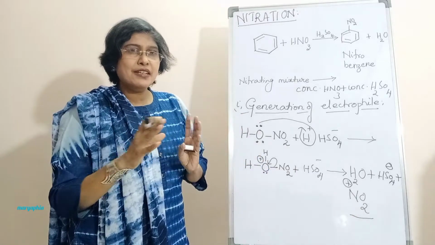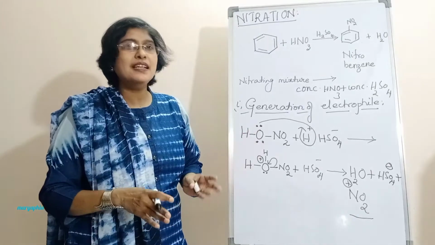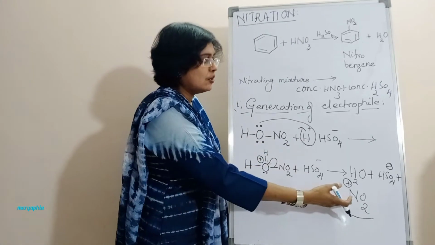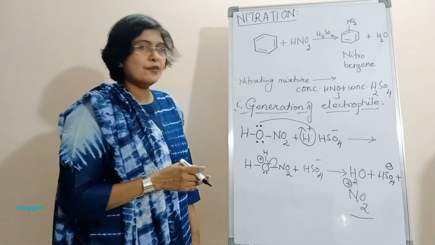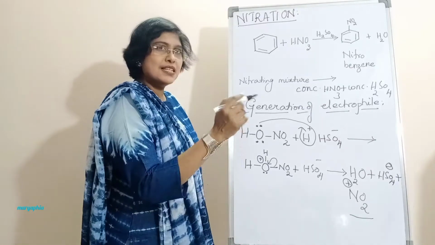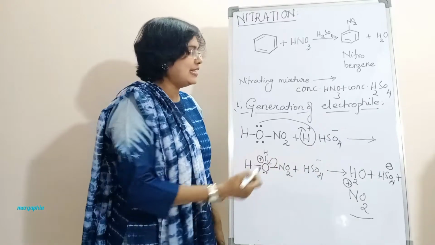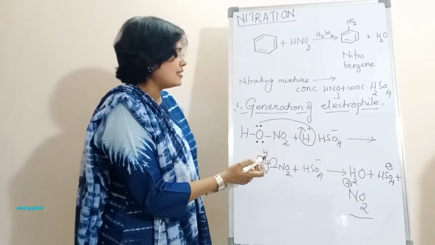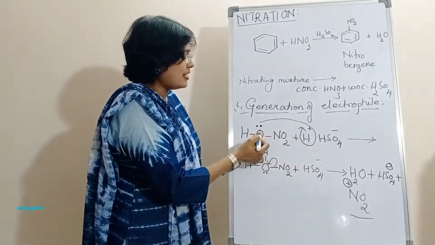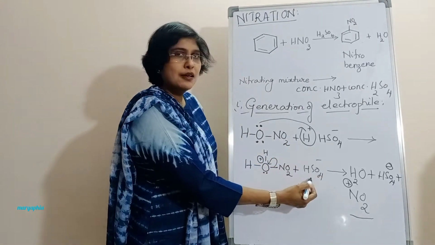Students, whichever class or video or textbook you watch, all these things will not be given. They will just give you HNO3 plus H2SO4 gives rise to NO2 plus, HSO4 minus plus H2O. What exactly happens is this. First I am showing you. This is HNO3 plus H2SO4. H2SO4 I have written as H plus and HSO4 minus. So oxygen with a lone pair attracts H plus, and a bond is formed here, plus HSO4 minus.